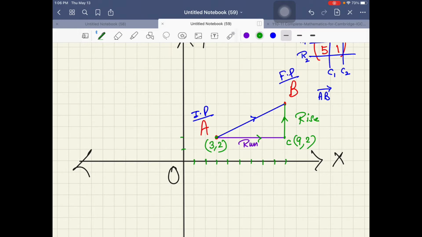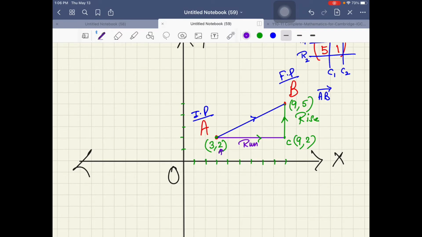Likewise for point B, how much is horizontal? Horizontal is 9 like C. X-axis is 9 and y-axis will be 2, 3, 4 and 5. So 9, 5. Now we can say from point A to C, the 2 is the same.